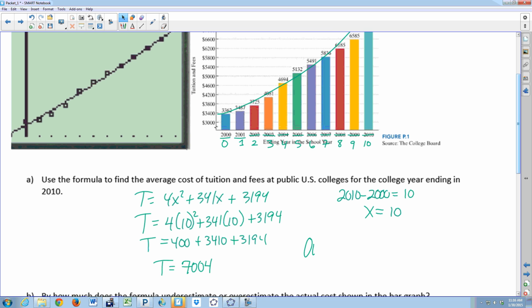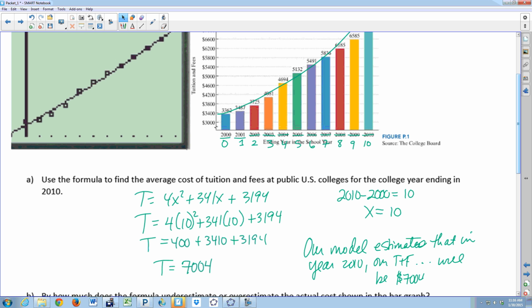So our model estimates that in the year 2010, our tuition and fees will be $7,004.